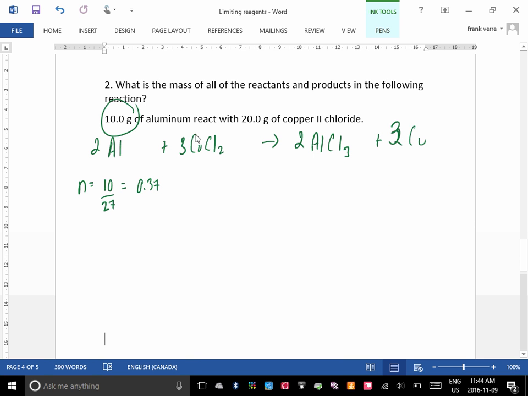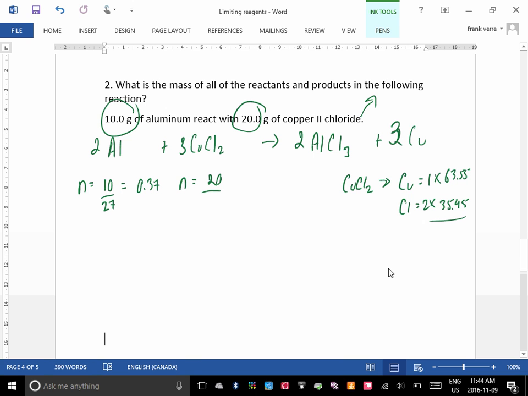Alright, now, 20 grams of copper 2 chloride. So how many moles is 20 grams of copper 2 chloride? Mass over molar mass. What's the molar mass of copper? Actually, let's work it out over here. So it's 1 copper at 63.55, and it's 2 chlorine at 35.45.